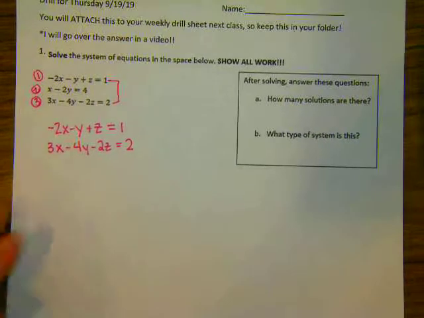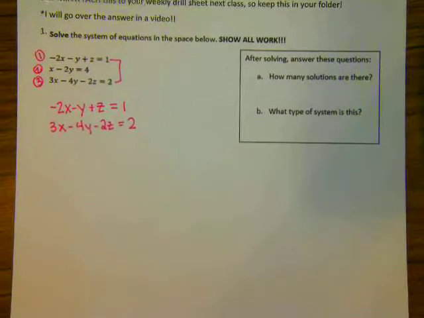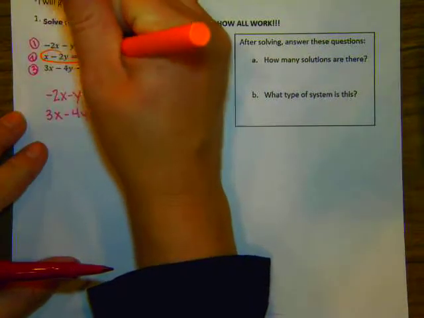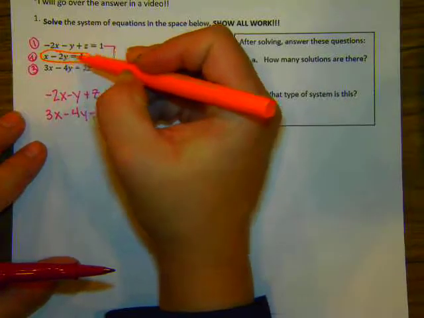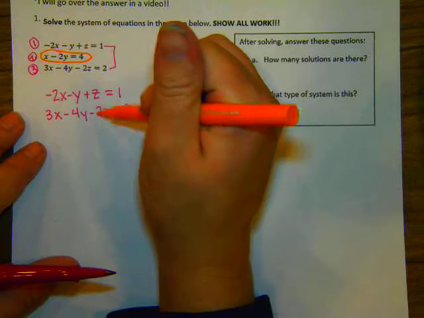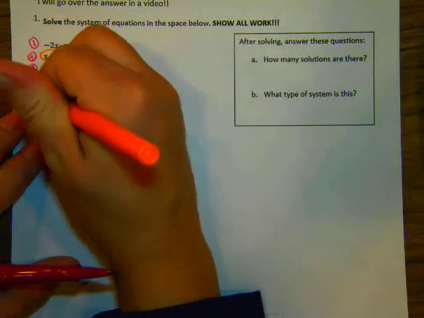Now that I've paired 1 and 3, my goal must be to get it down to two letters that match this. This is clearly missing the Z letter, so I need to get rid of the Z. For me to do that, I'm going to multiply this by 2.